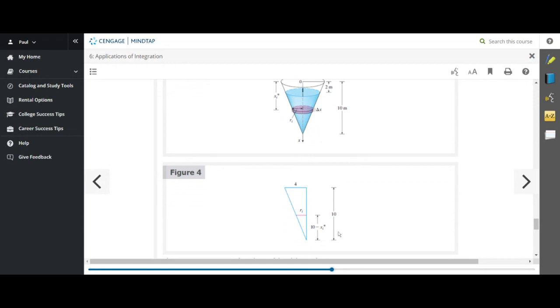In figure 4, if we take the radius and divide it by 10 minus xi, that would be equal to 4 divided by 10. Little radius over little height is equal to big radius over big height.